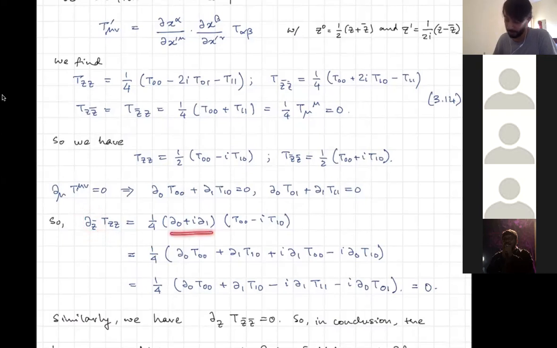This is del_0 plus i del_1. And T_ZZ is T00 minus i T10. And you just do the algebra, and you also just plug in that, for example, what do I want to do?